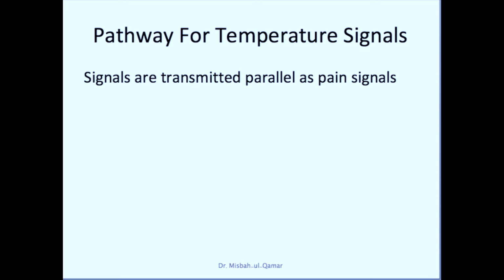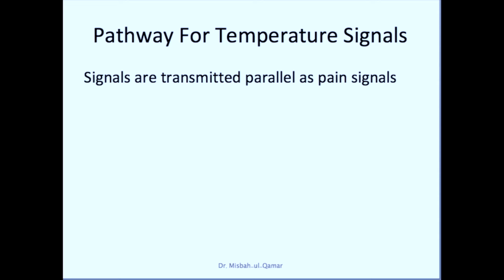And since they terminate in these reticular areas, you must know that these reticular areas are involved with the alertness and also with the sleep of a person. So that's why one cannot sleep in extremes of temperature.